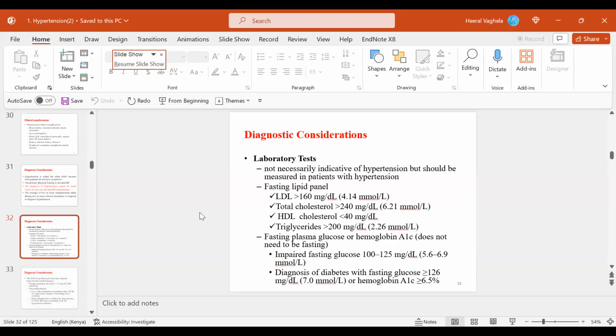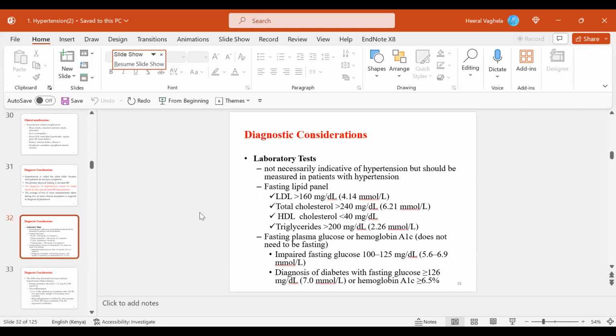For diagnosis, again, you just have to measure your blood pressure, and then the other ones that you can measure or test for is now your fasting lipid panel. So for all this, it's basically to see what else is causing hypertension or what else it has caused.